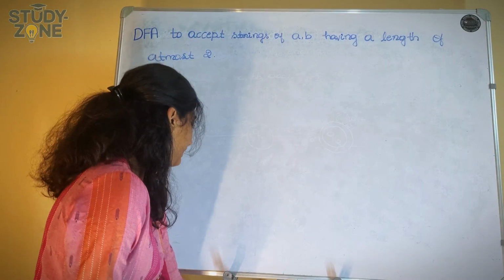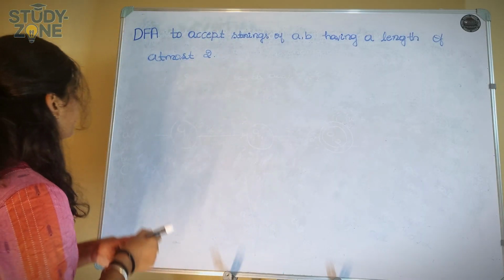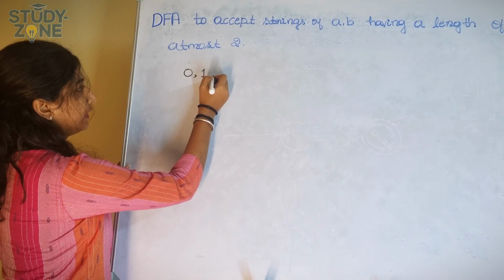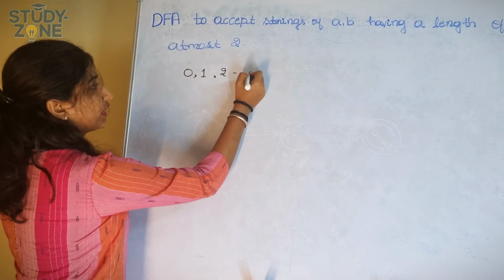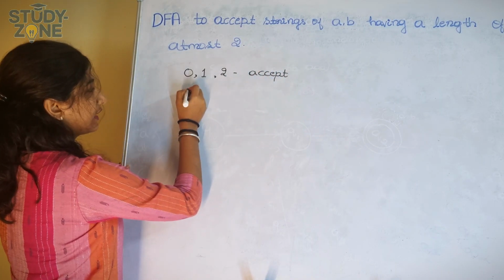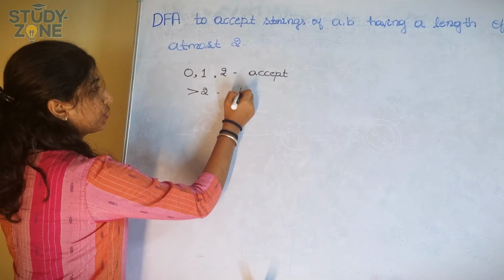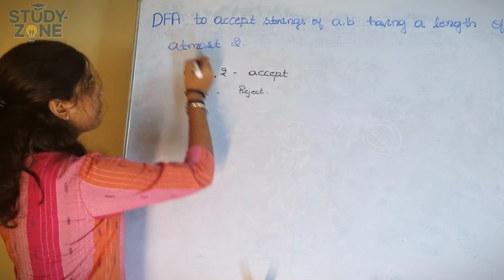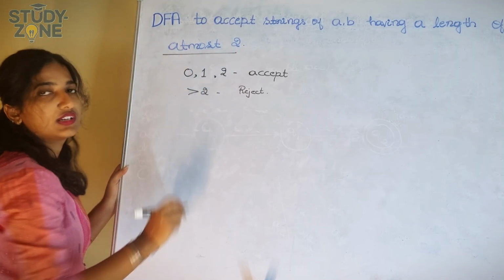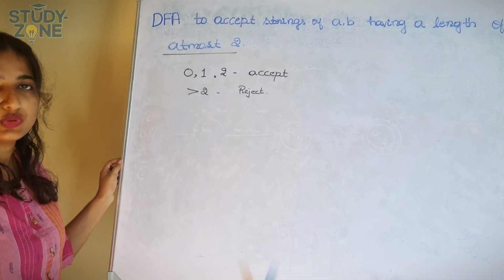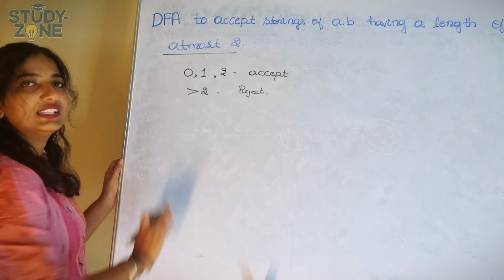Here we have to accept strings of length 0, 1, 2. These should get accepted and greater than 2 should get rejected. Why? Because in the problem we have at most 2. We can have length 0, 1 or 2, not more than 2.